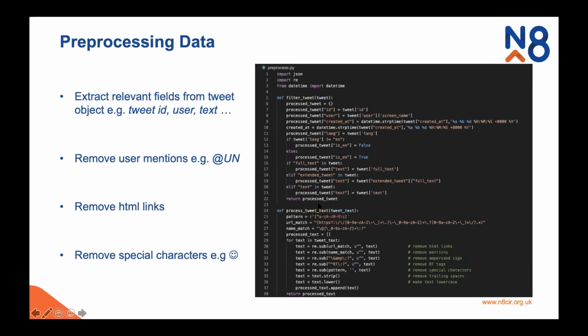Here is an example of the function that I defined to do this. I am removing all HTML links and mentions. I'm also removing some other characters that are not going to be useful for me, and removing any extra spaces, and changing all the text to lowercase. Most of these functions are built into Python.